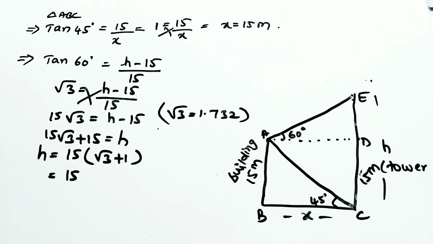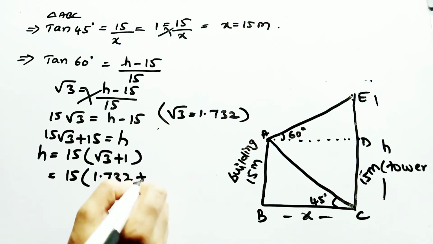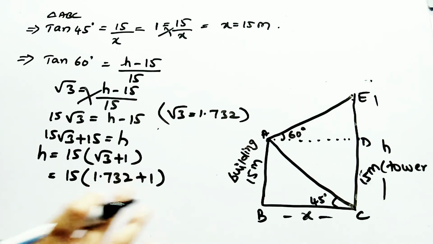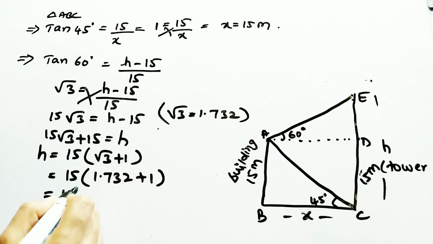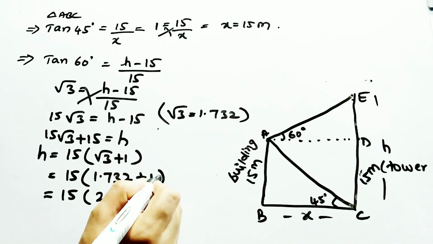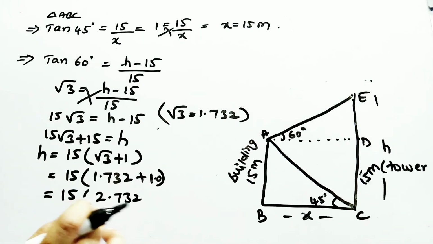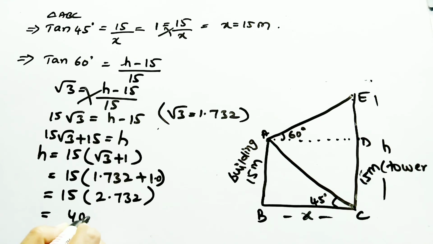Root 3 value is 1.732. 1.732 plus 1, first you have to do the addition, then multiply with 15. So what you will get? 1 plus 1 is 2, and 732 same as it is will come. You will get 15 into 2.732, which is 40.98 meter. Means the total height of your tower will be 40.98 meters.